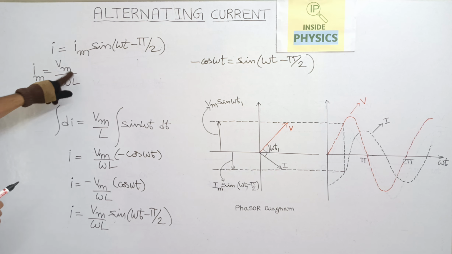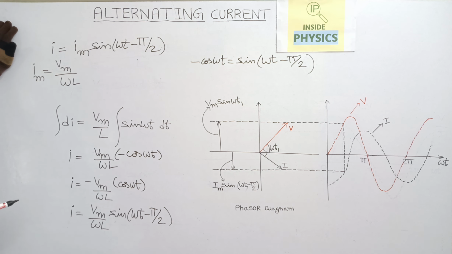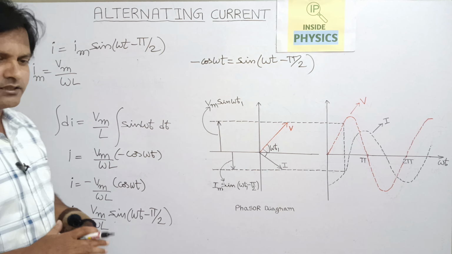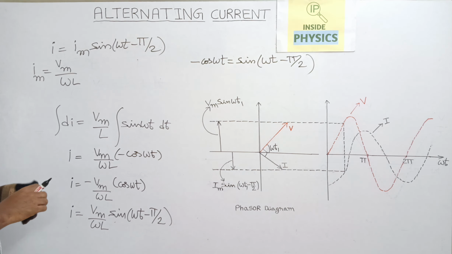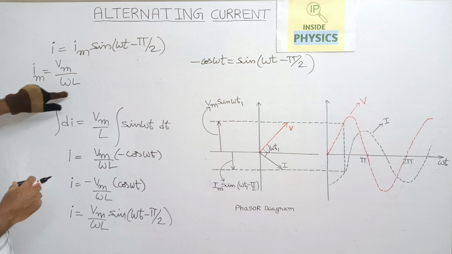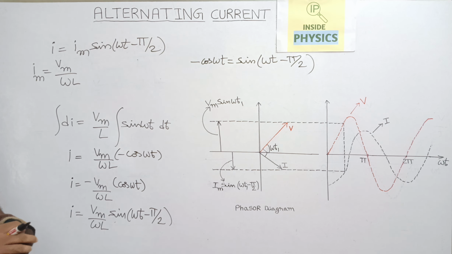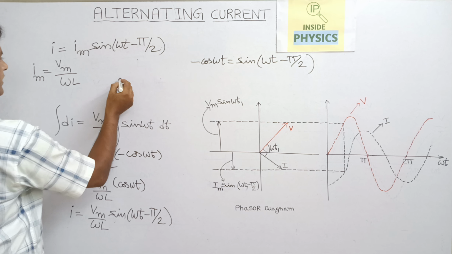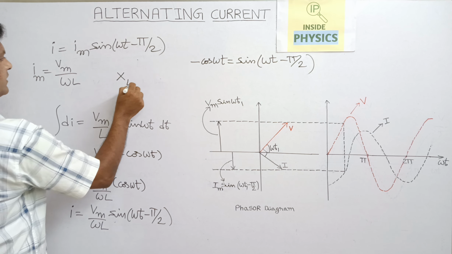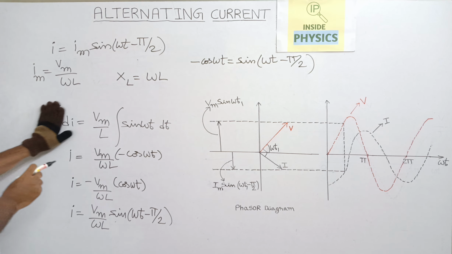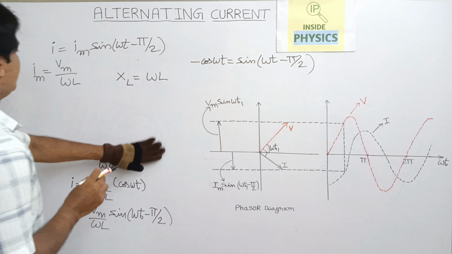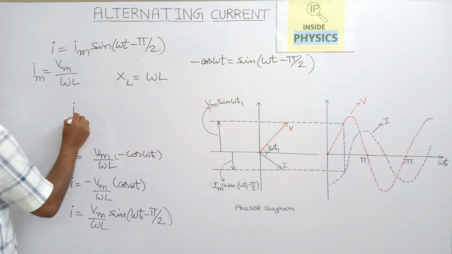This omega L is called the inductive reactance. Inductive reactance is just like the resistance in a normal resistive circuit. Just like resistance, it also opposes the current in the circuit. If we take the inductive reactance as XL, then XL is equal to omega L, and we can write this Im.